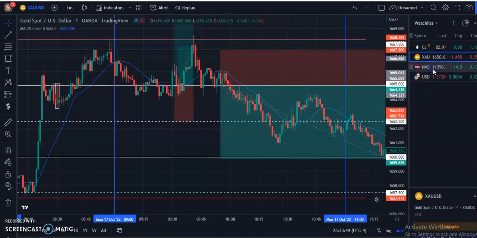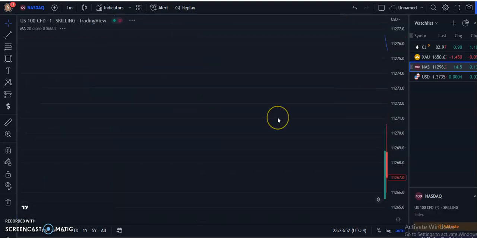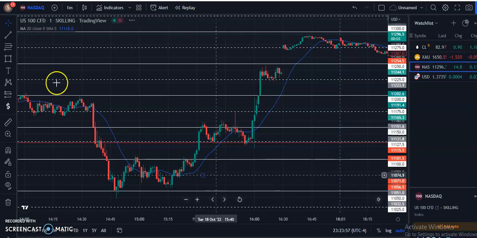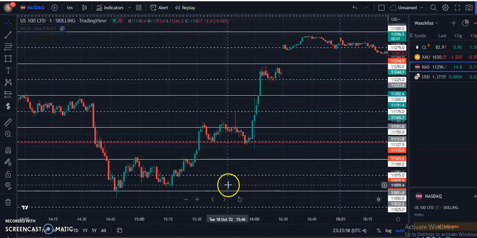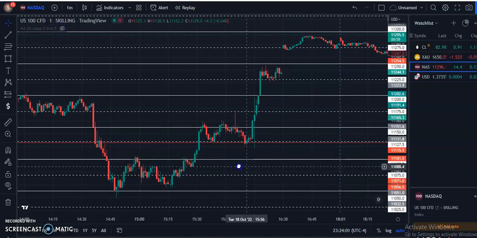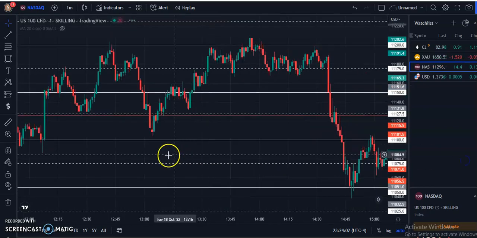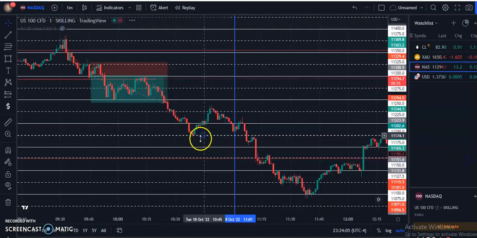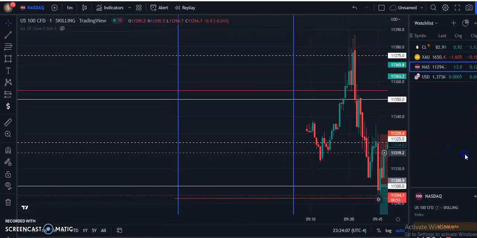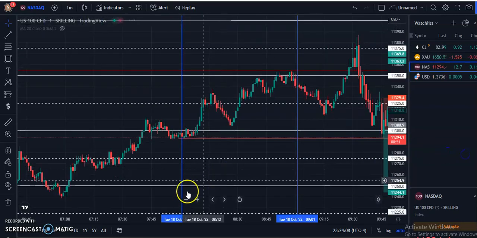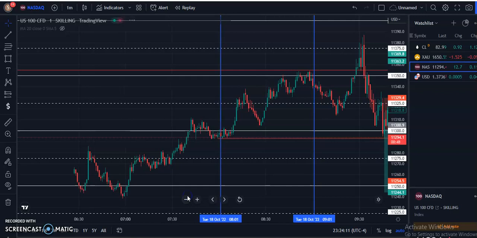Now let's look at a trade I took yesterday on Nasdaq. So the usual process is the same.